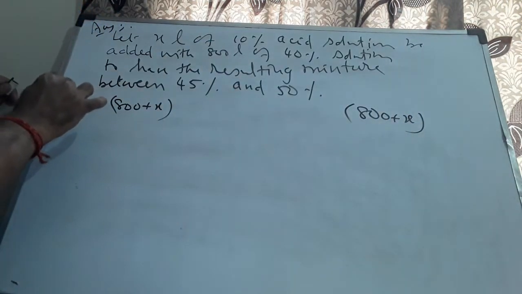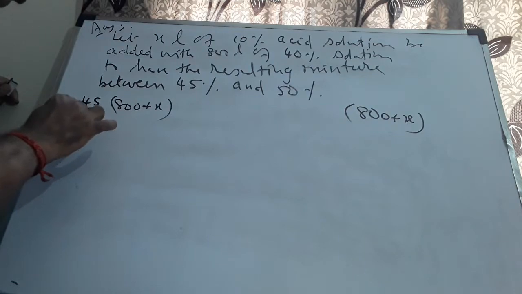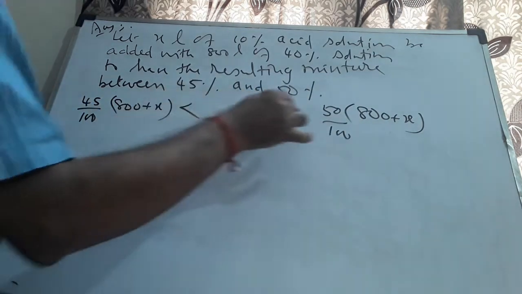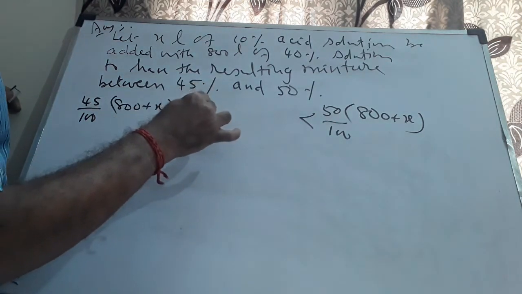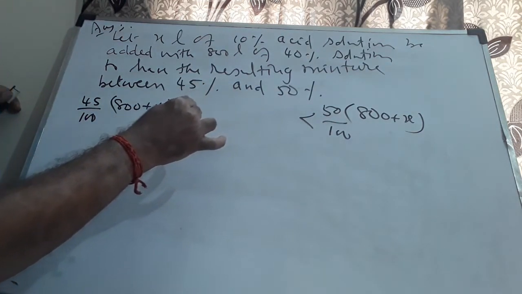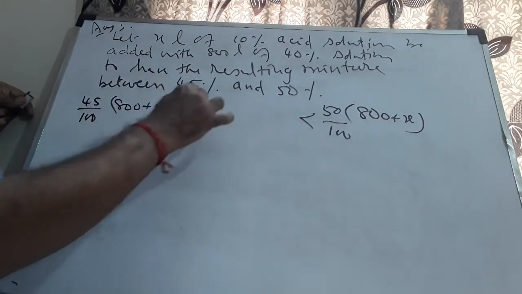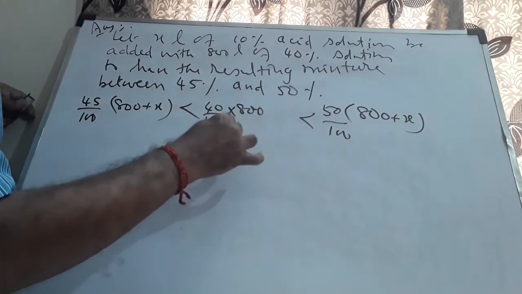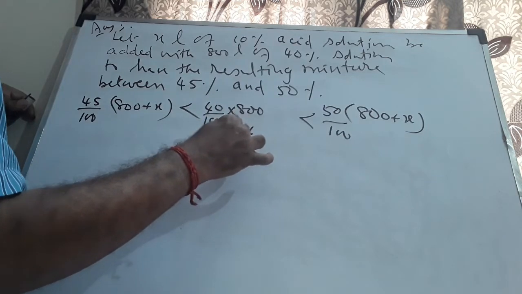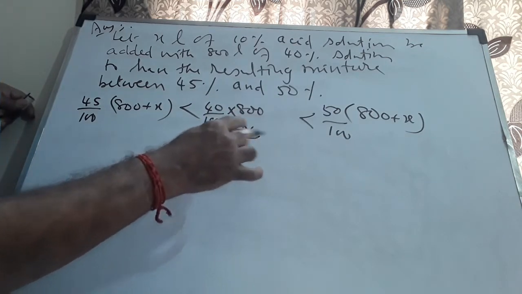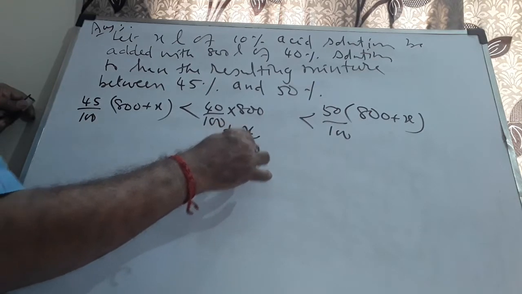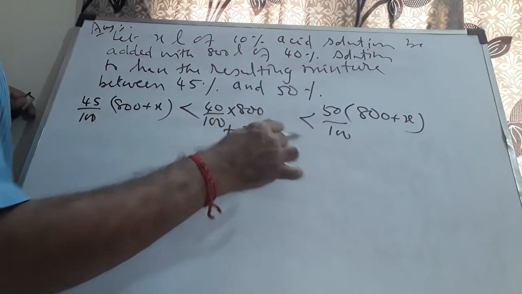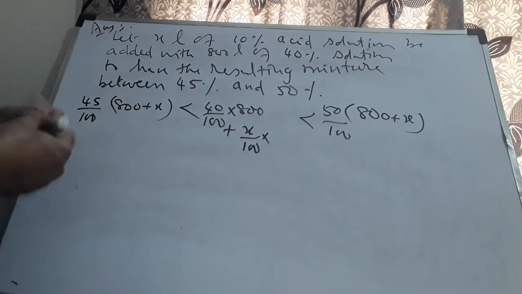The resulting mixture should be between 45% and 50%. That is the meaning. And here I should write it as 40 by 100 of 800 plus 10 by 100 of x.